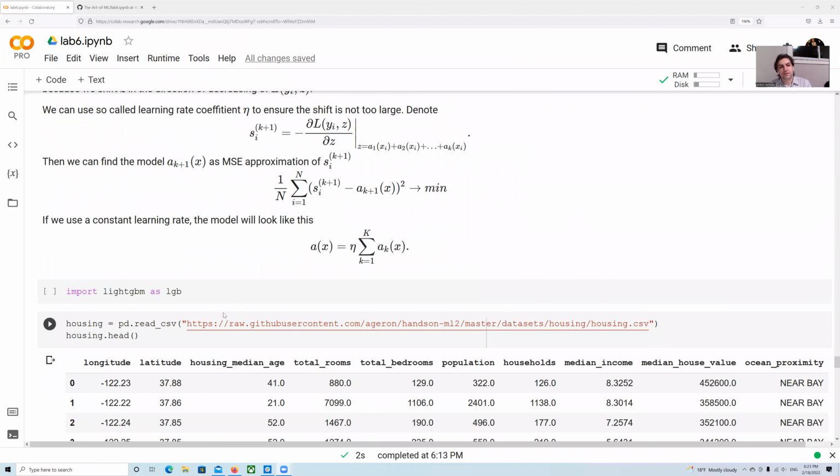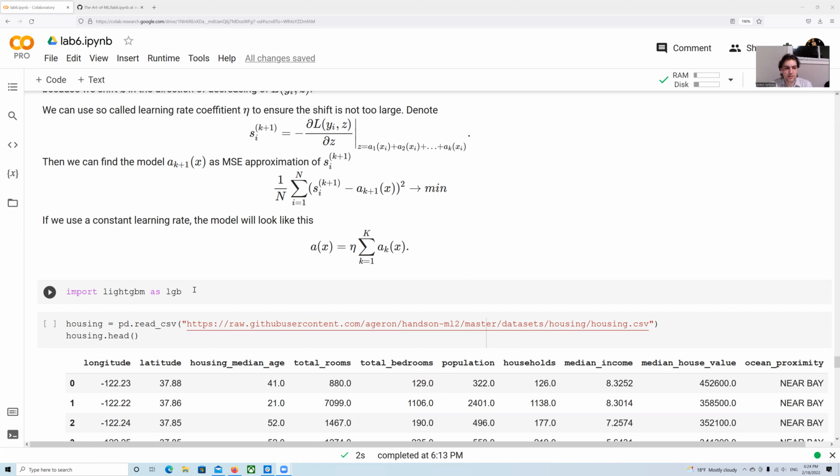There are several libraries for gradient boosting. There is also a library in scikit-learn, but nobody uses it because there are three free libraries. XGBoost, as I mentioned, was written in 2016.